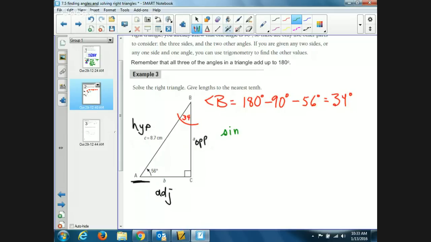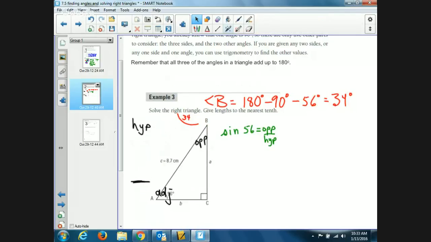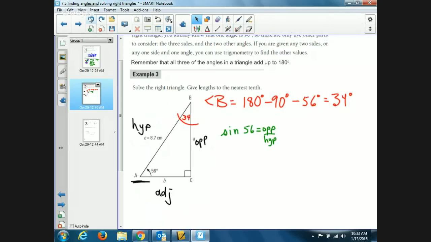Sin 56 is equal to opposite over hypotenuse. First thing you do is that. You write down the rule first, and if you have a number for the angle, you always put that in, and that's what we did. Then you're going to type that into your calculator.